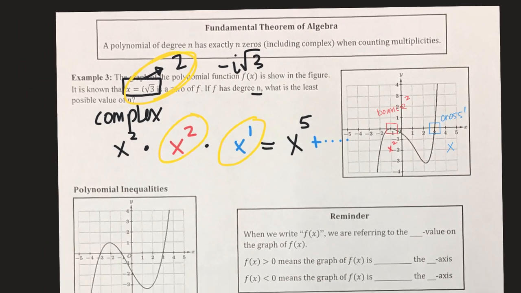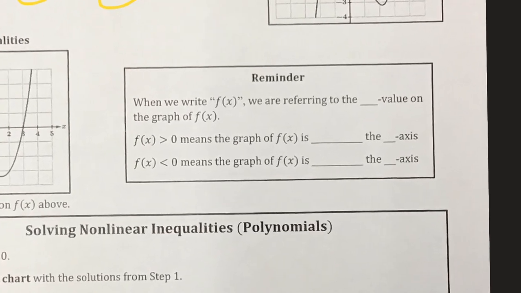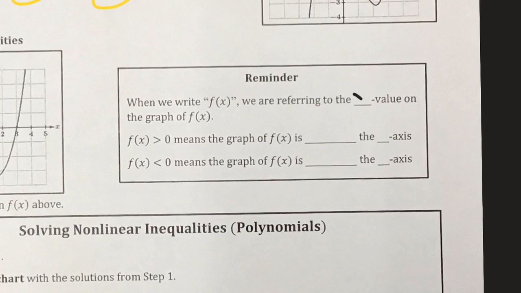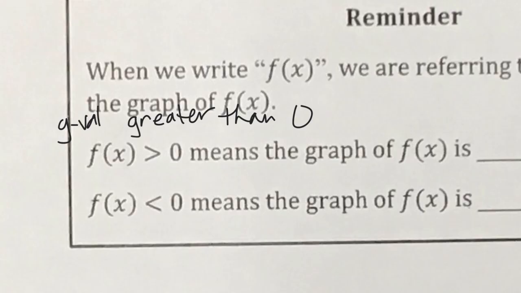Okay? Pretty good. Okay, inequalities, let's see. When we say f of x, we are referring to the y value. So if f of x is greater than 0, that means the y values are greater than 0. That's what this reads.